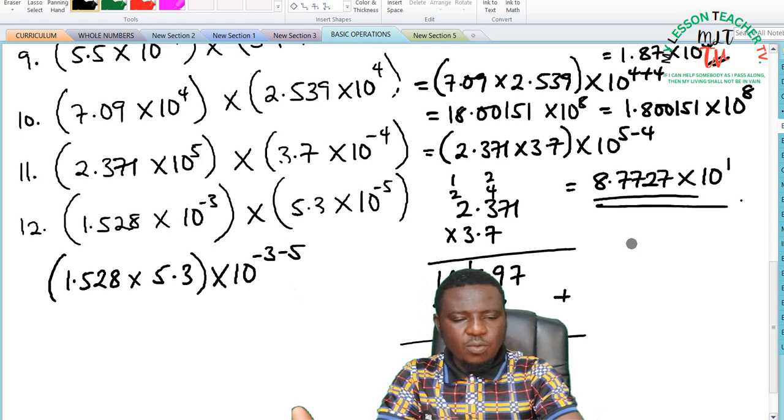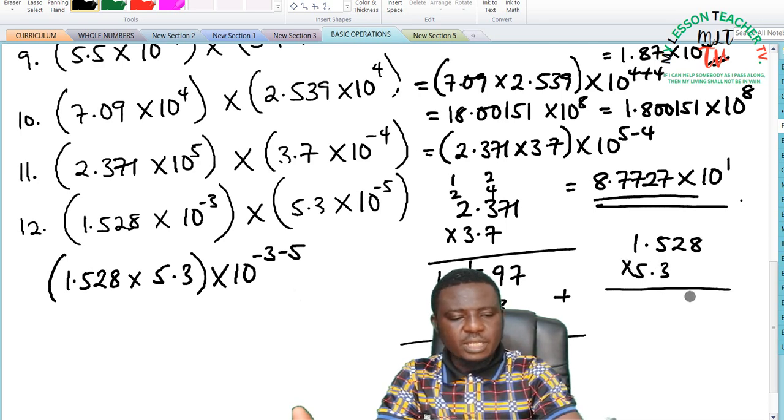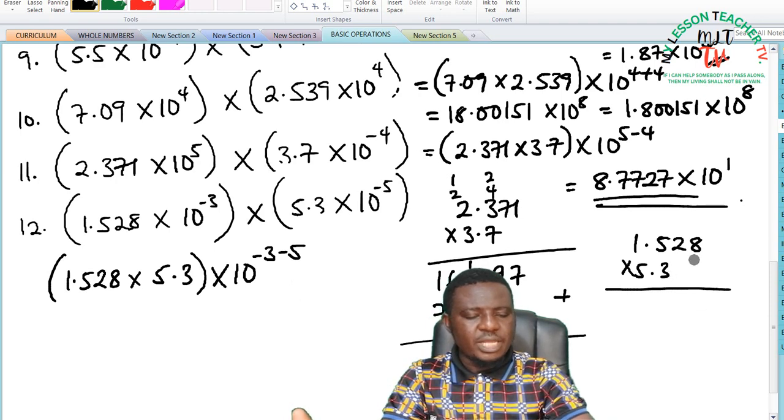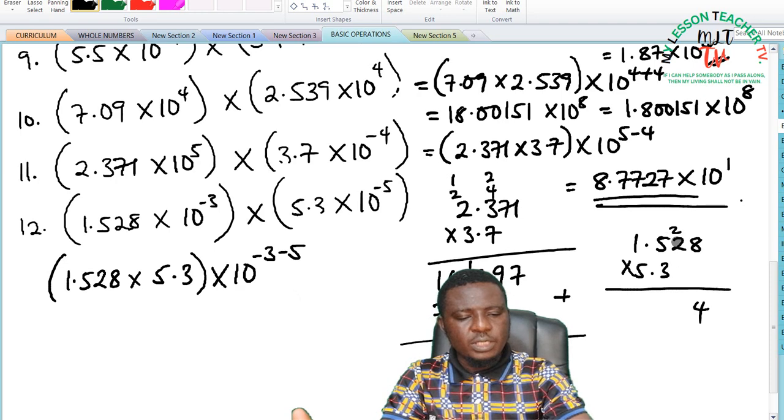So when you multiply 1.528 by 5.3, you're going to get 3 times 8 is 24. You write down 4 and carry 2. 3 times 2 is 6 plus 2 is 8. 3 times 5 is 15. 5 carry 1. 3 times 1 is 3 plus 1 is 4.